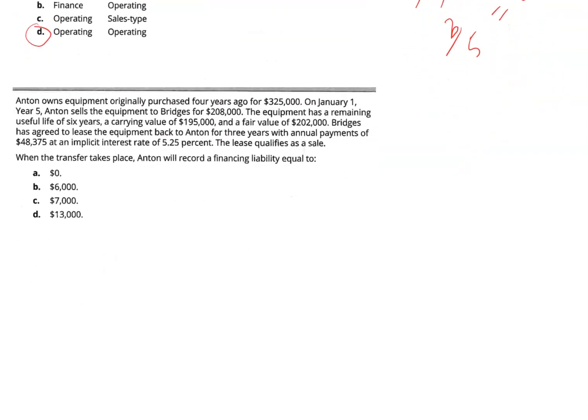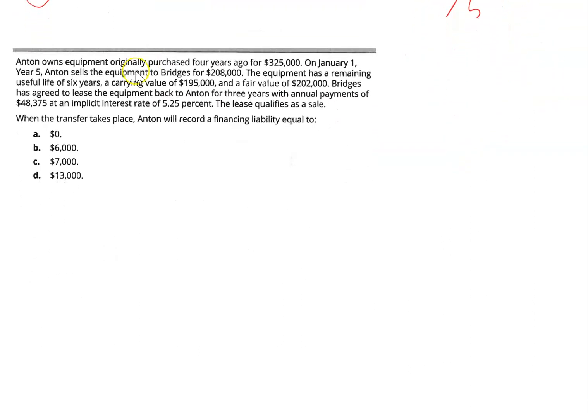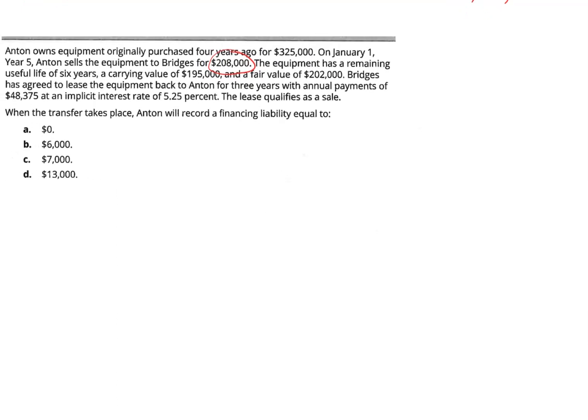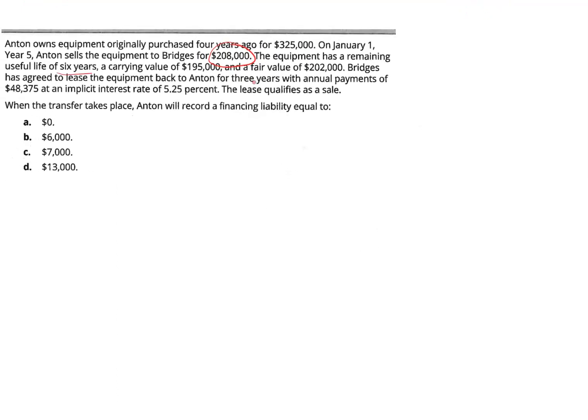Next question. Anton owns equipment originally purchased 4 years ago, and at the end of the 4th year, or beginning of the 5th year, Anton sells the equipment to Bridges for $208,000, and the equipment has a remaining useful life of 6 years.